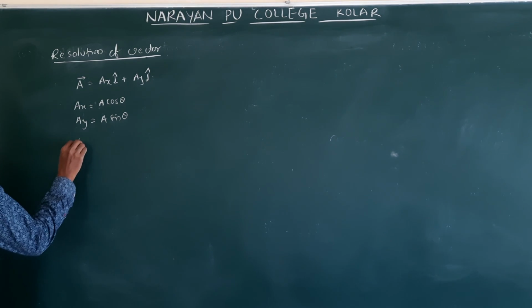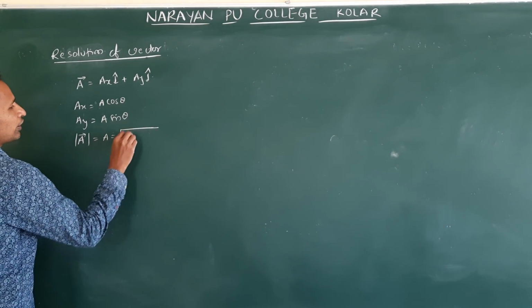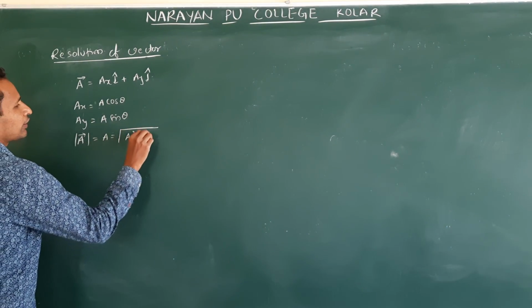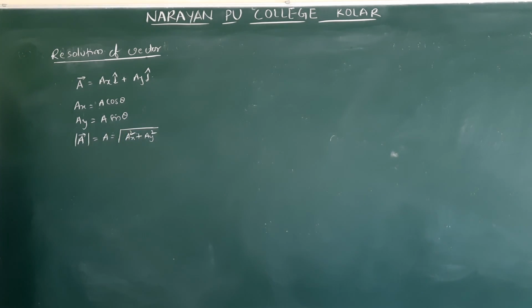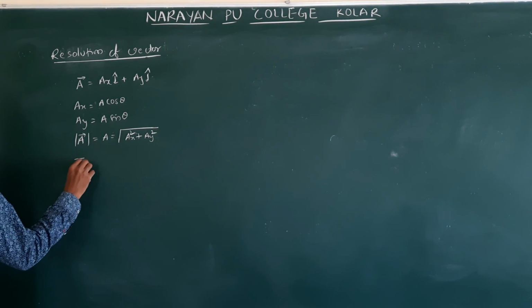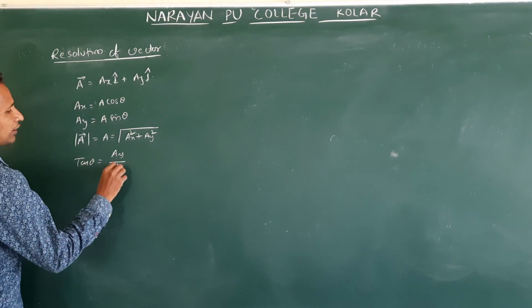And then the magnitude of vector A is A equal to under root of AX square plus AY square. This is the magnitude formula. Next, tan theta. What is that? AY by AX.